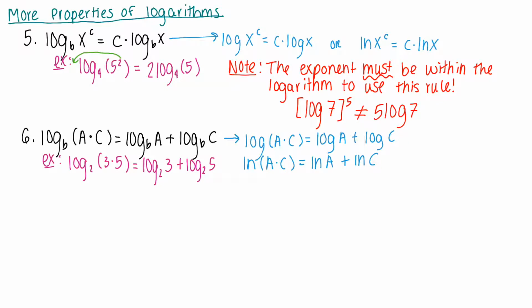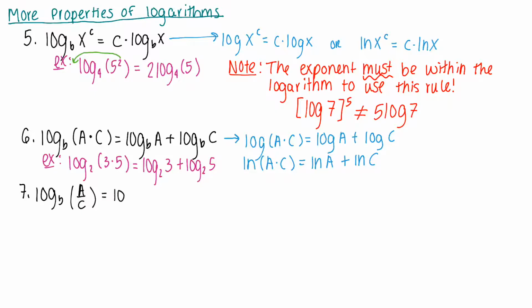Final property of logarithms. If you have log base b of a divided by c, well, if multiplication turns into addition, one might hypothesize, and be correct in hypothesizing, that division on the inside turns into subtraction on the outside.